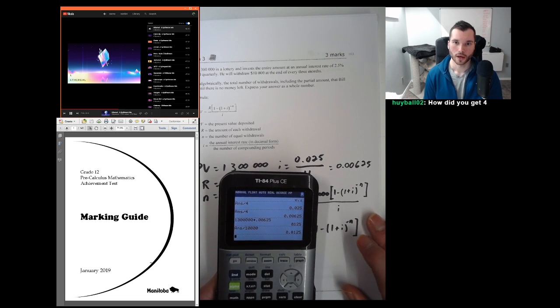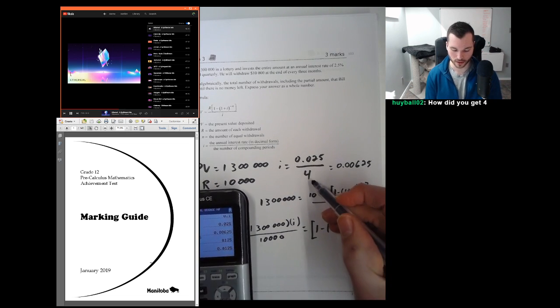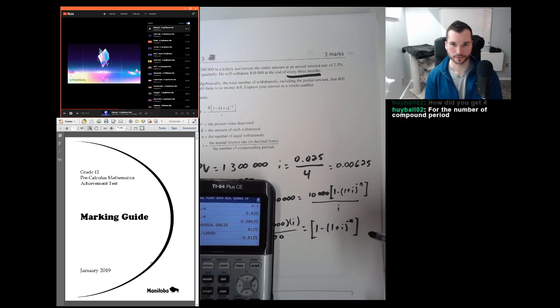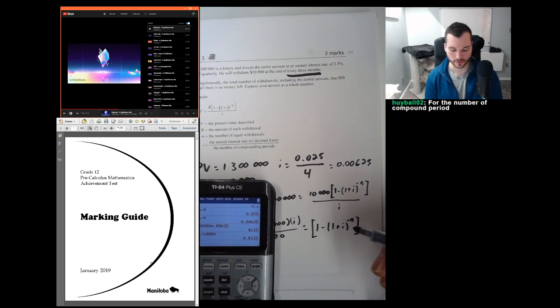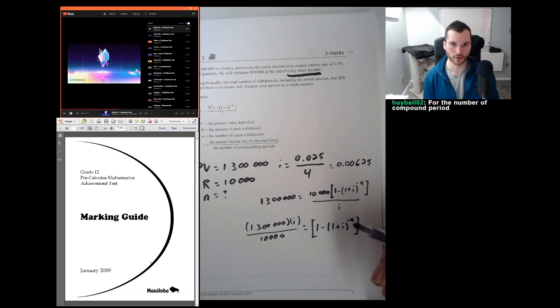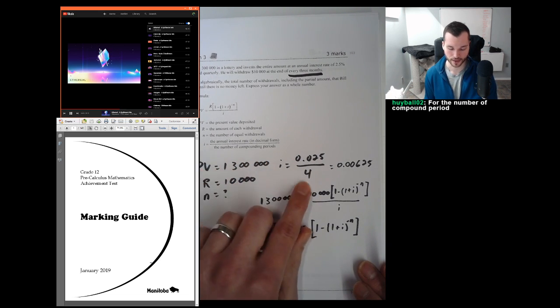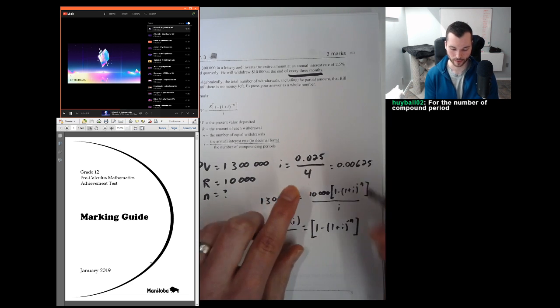How'd you get 4? You mean the 4 up here? So it says every 3 months. And if you look at every 3 months in a year, there's 12 months in a year. So if he's doing that every 3 months, that means that he gets to do that 4 times every year. And that's what we need to put for the number of compounding periods in a given year, which is going to be 4.